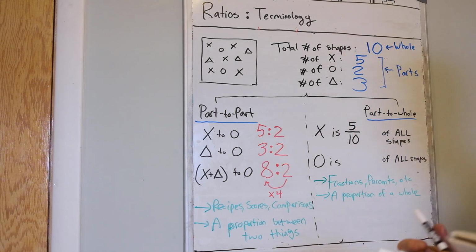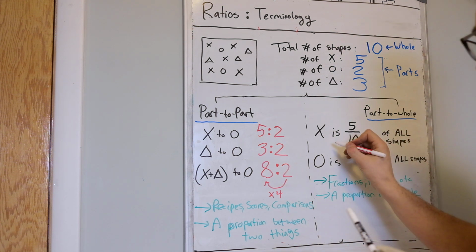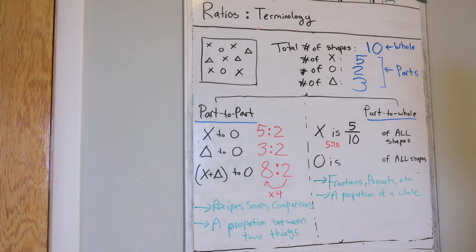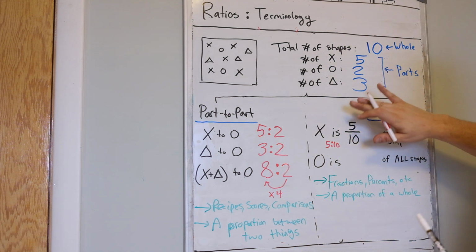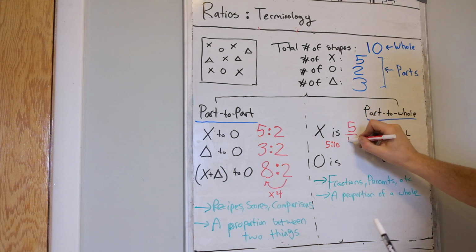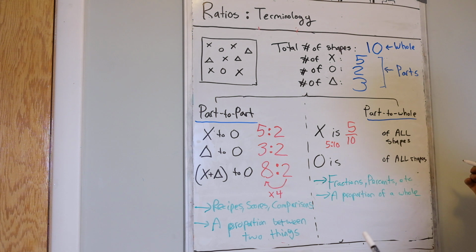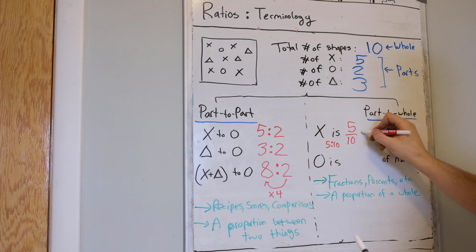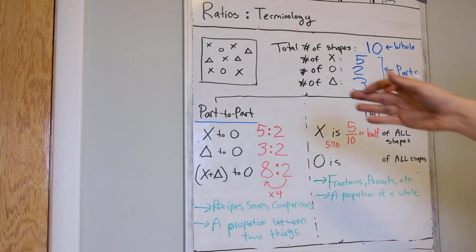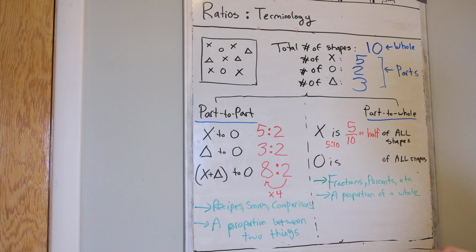We could write this as 5 to 10, but I'm also writing it as 5 over 10. 5 over 10 is half. So that's half of all shapes are an X. If we look in here and ask how many X's, there's 5 of them and there's 10 total, so the X's are half. So this is a part to whole ratio.